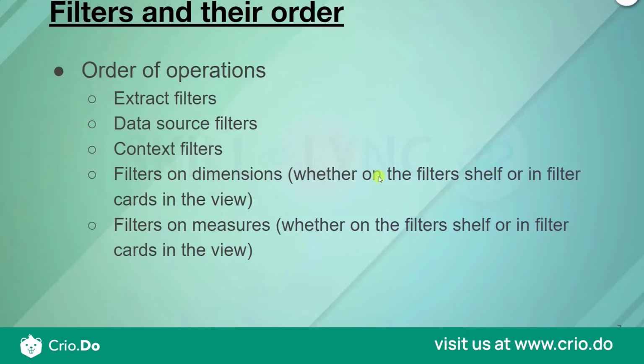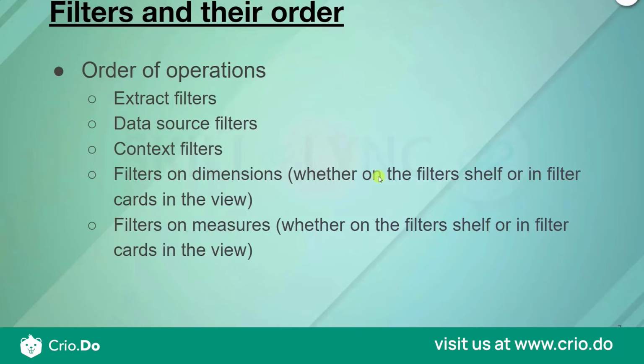Extract filters and data source filters are applied before loading the data into Tableau, and these are filters you place on the data source page itself. Later we move into context filters. After context filters, we have filters on dimensions, because you will use dimensions in the filters, and these are dimension filters, whether on the filter shelf or in the filter card in the view.